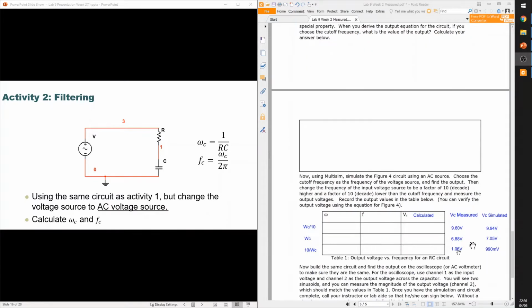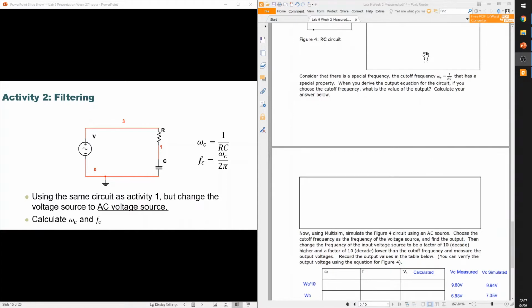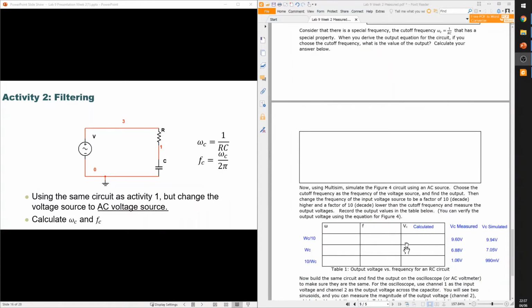And for this table, we will be testing 3 different frequencies. So the cutoff frequency, and the frequency which is a decade lower and a decade higher, and you also need to calculate the corresponding digital frequency, and then you plug in those things into your derived equation here to find out the capacitor voltage under the different frequency.